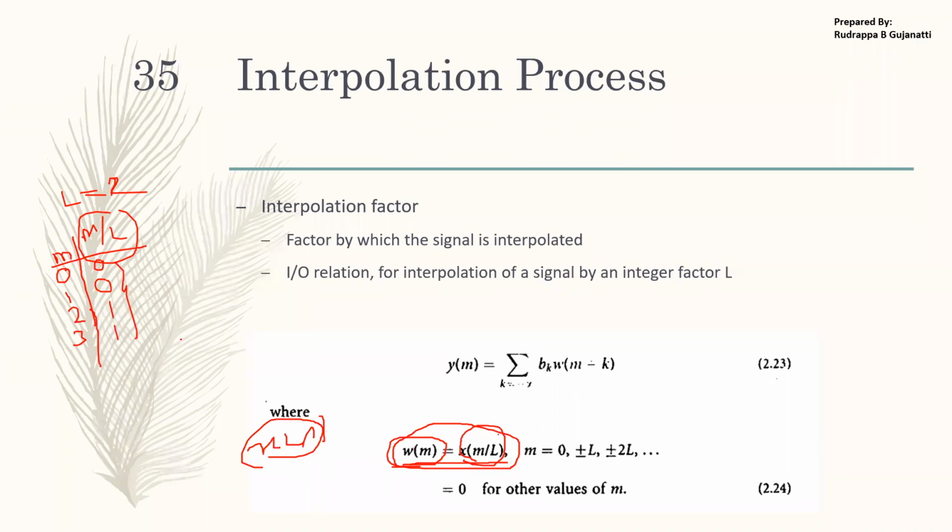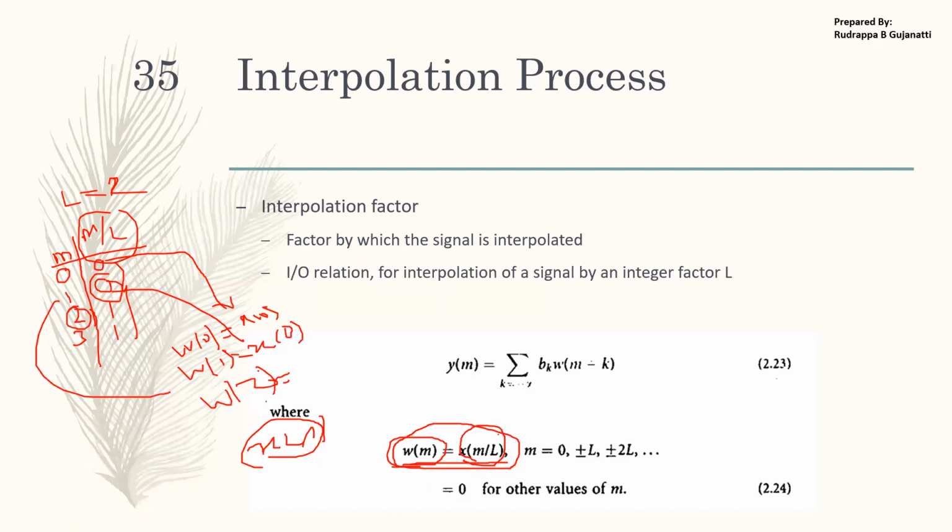So if I just check out, w of 0 will be equal to x of 0. Then next w of 1 will be equal to x of 0. W of 2, that is when m is equal to 2, it will be equal to x of 1. And w of 3 will be again equal to x of 1, and this will continue.